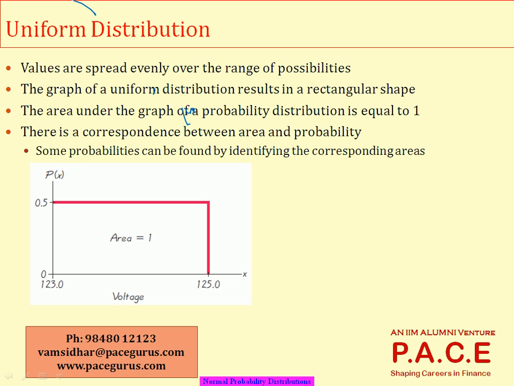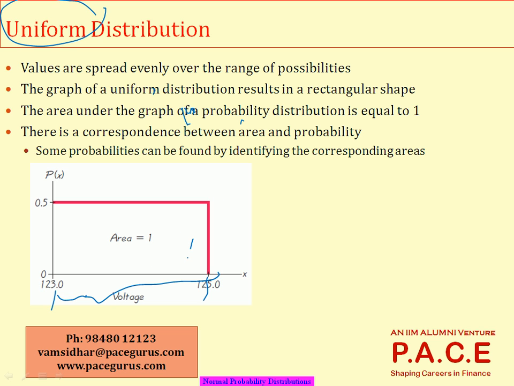The uniform distribution is a distribution where, if I say the voltage can lie anywhere between 123 and 125, all possible values are possible with equal probability, with equal chance. That is what we call a uniform distribution.